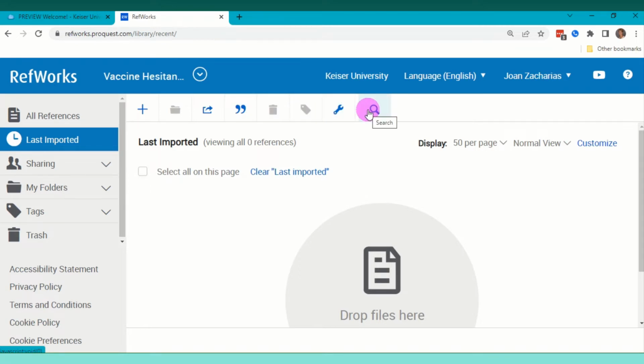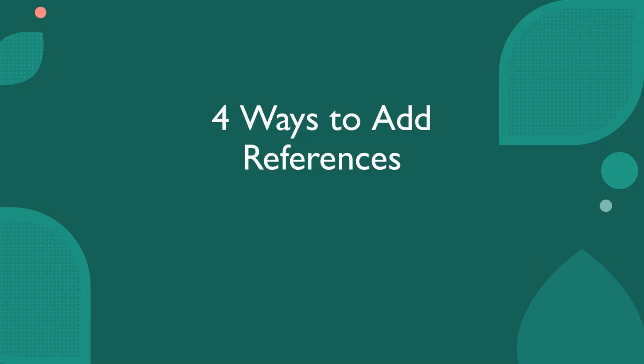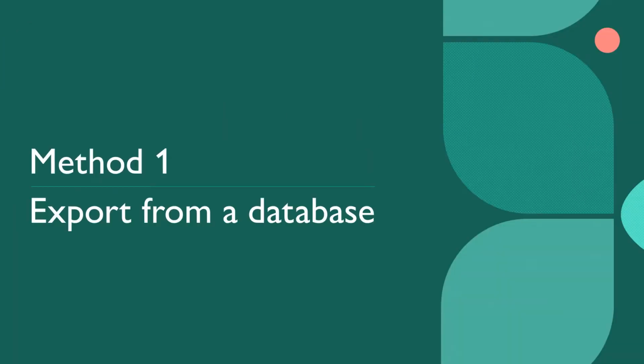But first, we need some references. I'll show you how to add references from library databases and Google Scholar, from articles you've downloaded and saved, from within RefWorks, and also from websites. You can easily export references to RefWorks from almost any library database.